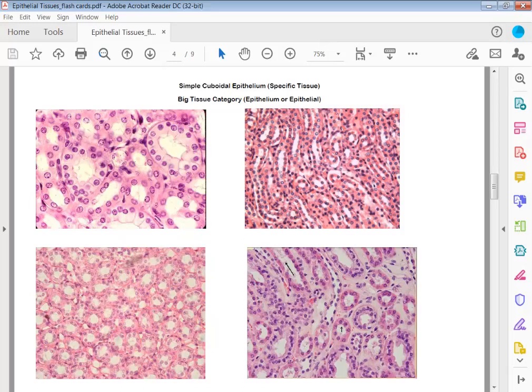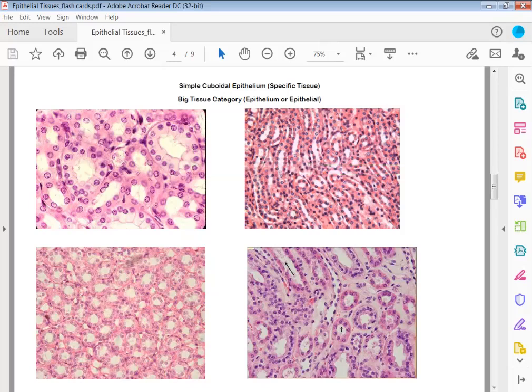So if you see circles like this, or you see ovals, there's an oval right there, there's another oval right there. The ovals look like if you step on the water hose, okay? So circles and ovals will indicate to you that you're probably looking at a cuboidal epithelium.